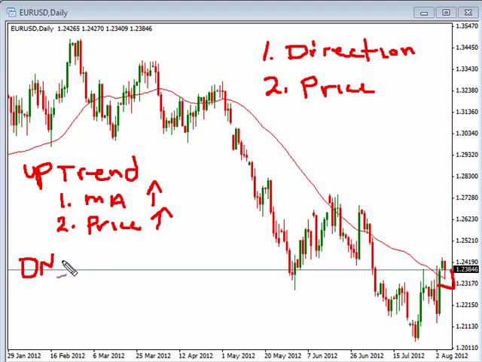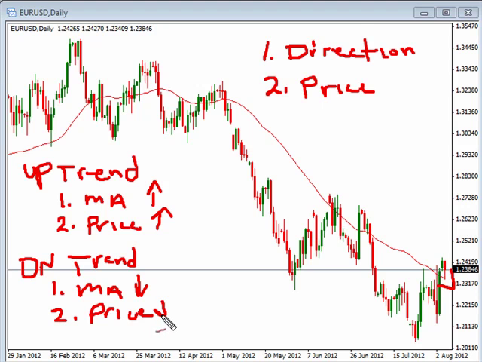For a downtrend, we're going to need the opposite. One, the moving average is going to be pointing down, and two, price is below the moving average.